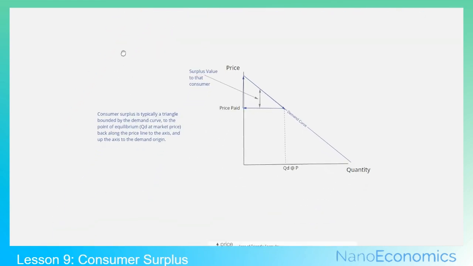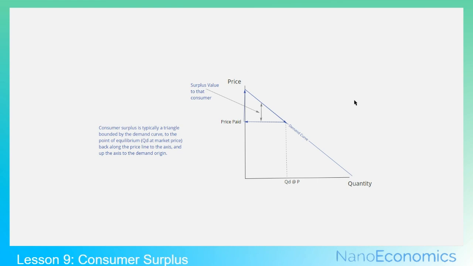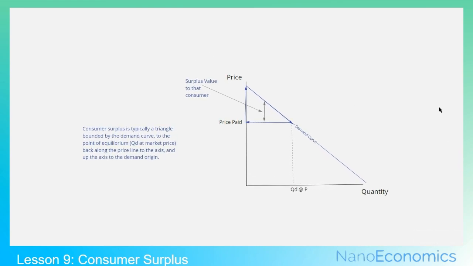So, what we want to do then is consider what that means to a market or a group of consumers. In this case, the surplus value to that individual consumer might be represented by the vertical distance between the price that they paid, $60 or $80 for example, and the amount of money they had in their pocket that they were willing and able to pay for that product.